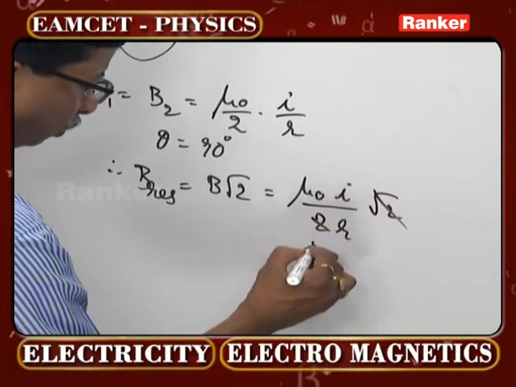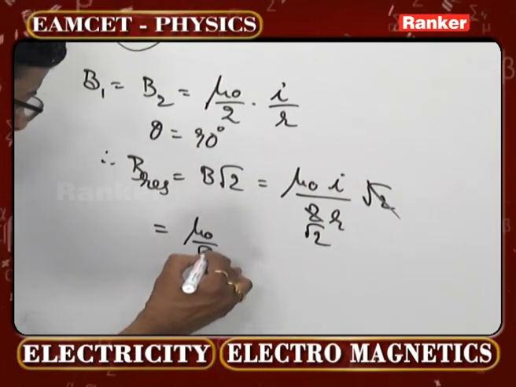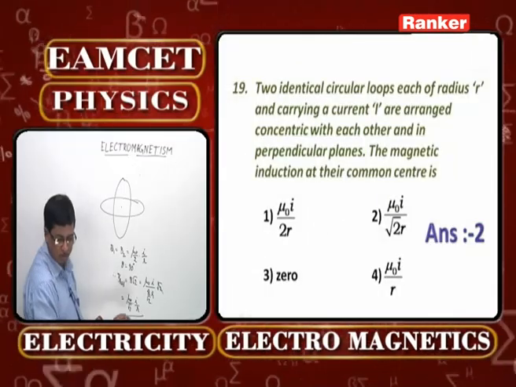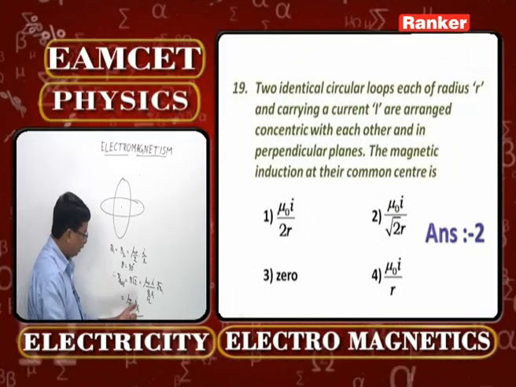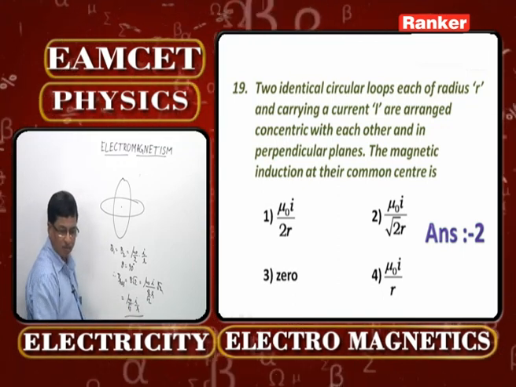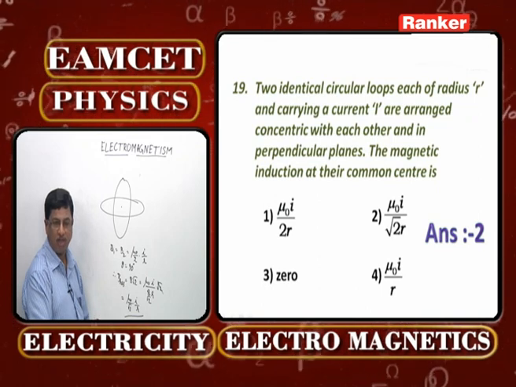Root 2 cancels into how many times? Root 2 times. So what will be your answer? Mu naught by root 2 into I by R. That must be your answer. Look at the second option, mu naught I by root 2 into R. That is the correct option for us, the second option for this question number 19.